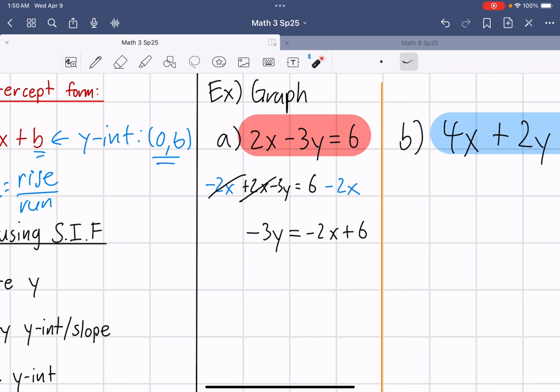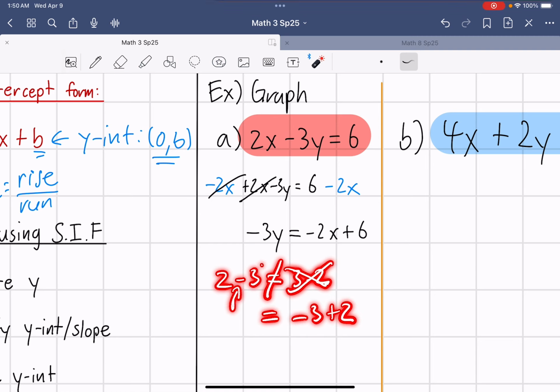Why am I allowed to do this? You have to remember a property called the commutative property for addition. It tells us that a plus b is the same thing as b plus a, as long as you keep the sign of the number. What do I mean by that? If I had 2 minus 3, I'm not going to write 3 minus 2. That would be wrong. I would need to write -3 plus 2.